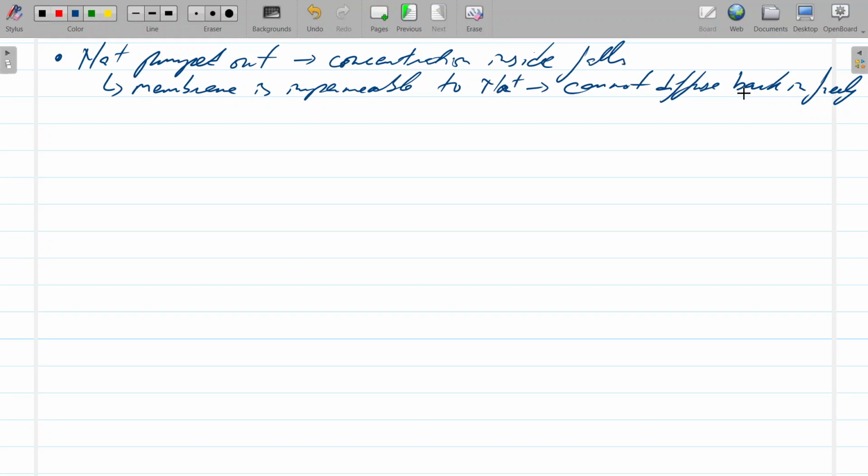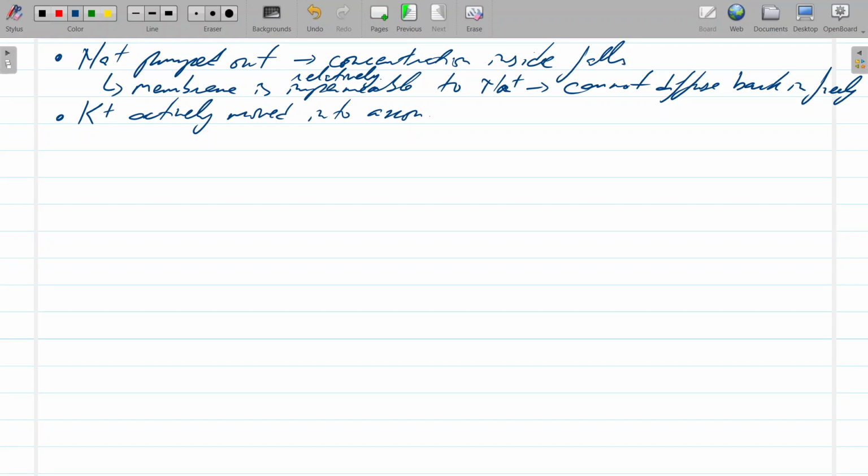And then potassium is being actively moved in. So again, that is also an active transport process. And let's say for sodium it's relatively impermeable, so it's not going to happen easily. So potassium is being moved in by the pump at the same time.